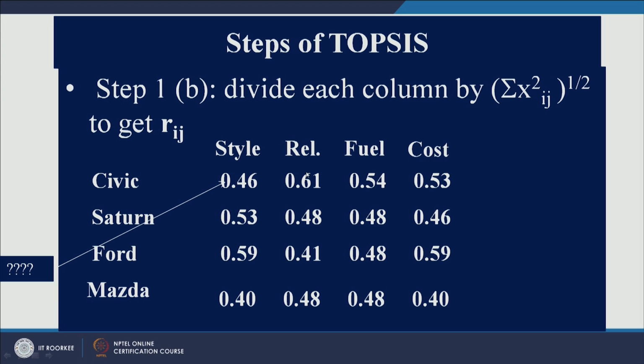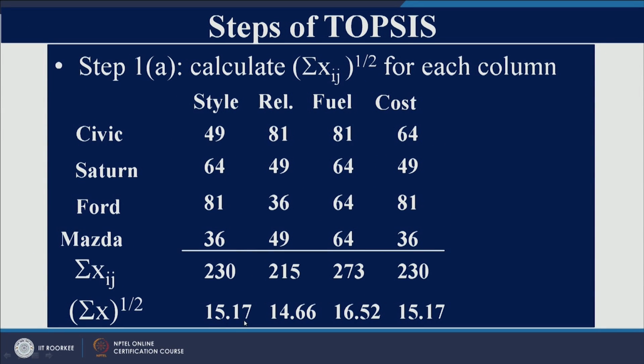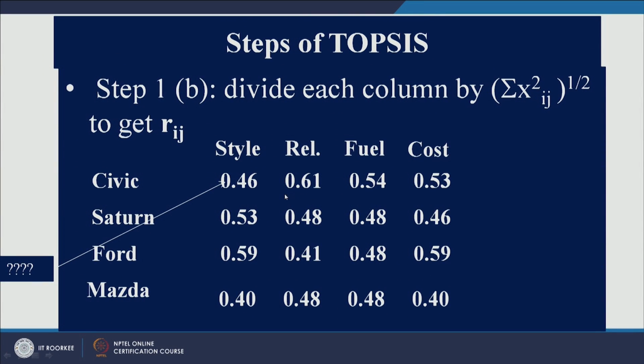So, let us say how you are getting this 0.46. The initial value in this cell was 7, right. So, divide 7 by 15.17. How did you get this value 0.61? What was the original value here in the very first matrix?